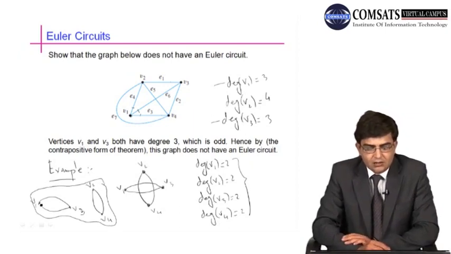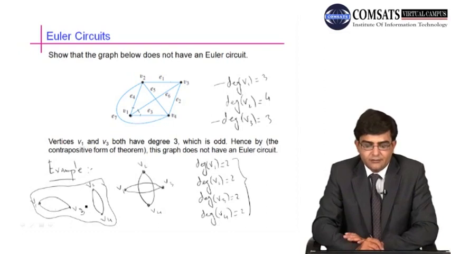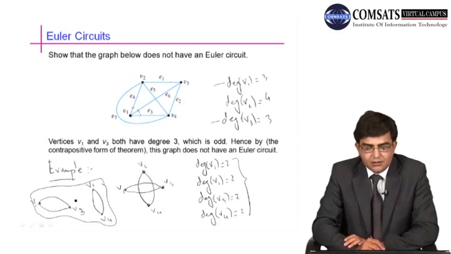So we cannot construct any circuit from v1, v2, v3, v4 which uses all the vertices at least once and all the edges exactly once. So we are unable, because v3 is not connected to v2, v3 is not connected to v4, v1 is not connected to v2, v1 is not connected to v4. So we are unable to construct an Euler circuit.